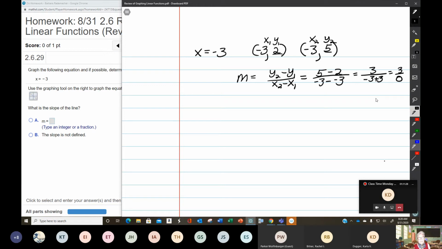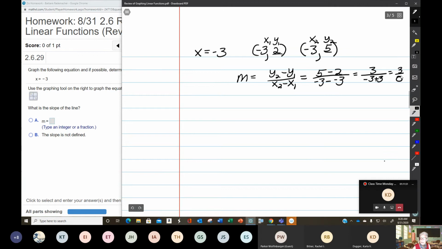The reason it's undefined is that if you take some numbers, little bitty fractions or decimals, and let them get closer and closer to 0, that is smaller and smaller, you're going to notice that 3 divided by that number gets bigger and bigger.